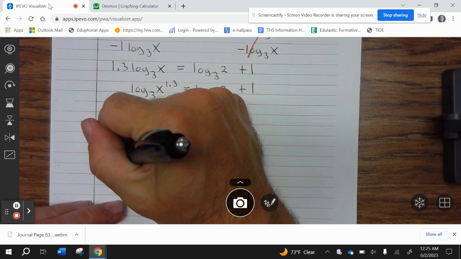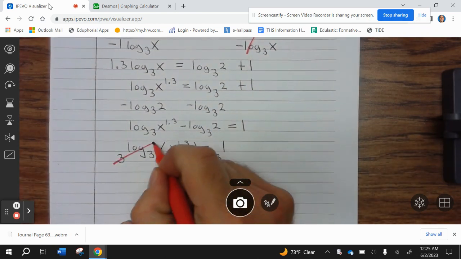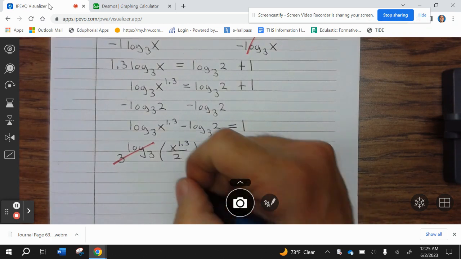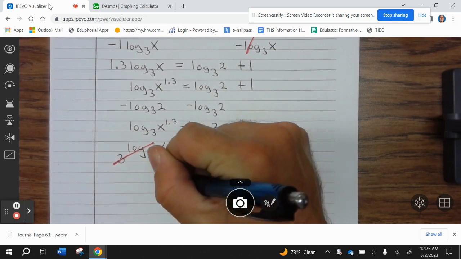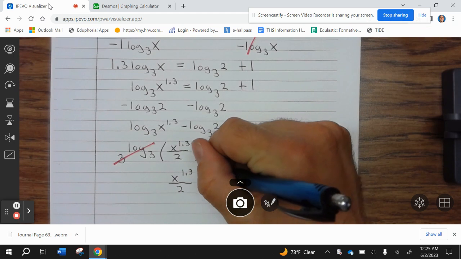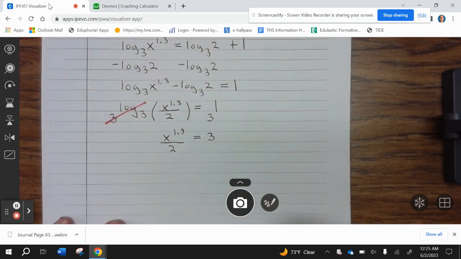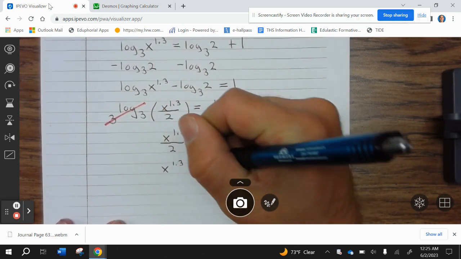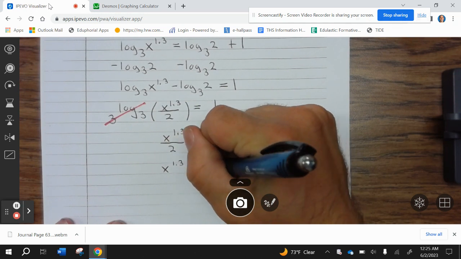So we're going to raise both by 3. This cancels. We get x to the 1.3 divided by 2 equals 3 to the 1, which is 3. Cross multiply, we get x to the 1.3 equals 2 times 3, which is 6.